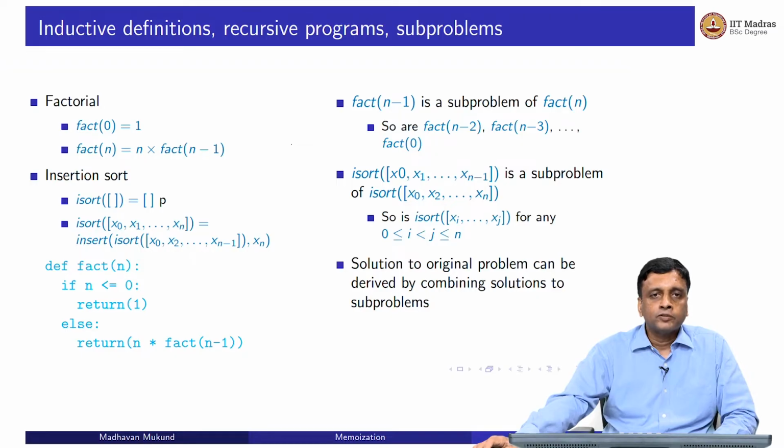So all the problems factorial I for I smaller than n are sub-problems. Similarly, for insertion sort, every segment of the list to be sorted would be a potential sub-problem. The goal of inductive definitions is to use these sub-problems and combine their solutions effectively to get a solution for the whole problem.